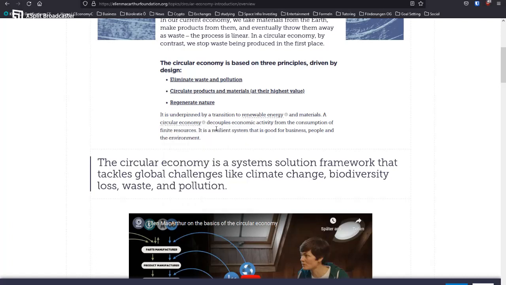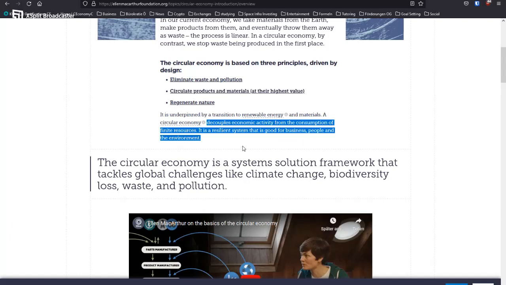A circular economy decouples economic activity from the consumption of finite resources. It is a resilient system that is good for business, people, and the environment. And that is one of the most important things that the circular economy tries to achieve. The decoupling of economic activity from the consumption of finite resources.